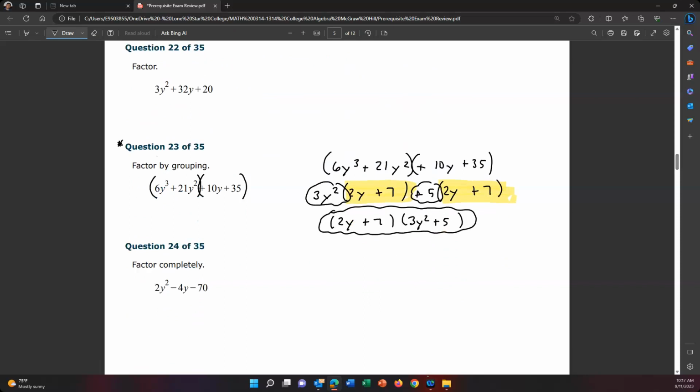Here we're trying to factor three terms at the same time. Okay, we cannot do the grouping method yet because we don't have 4 terms. So the first thing we want to do is split the middle term.